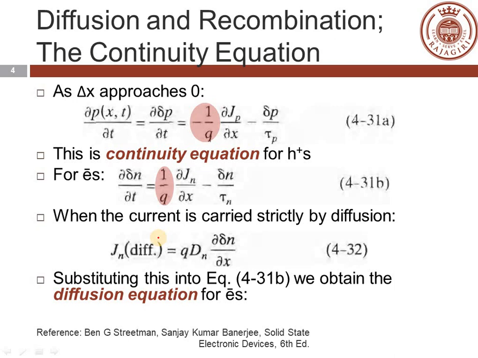Now we will be substituting this particular diffusion current equation, that is equation number 32, into equation number 31b, that is the continuity equation for electrons. That is, we will be substituting this Jn here.